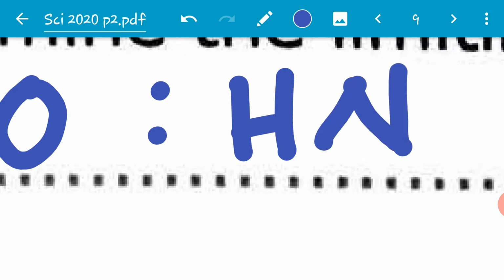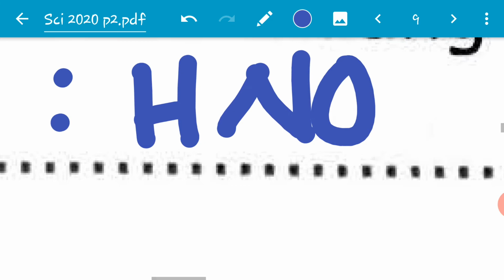We will now just deal with the relationship. So it's magnesium oxide to nitric acid. That's the relationship we are looking at.